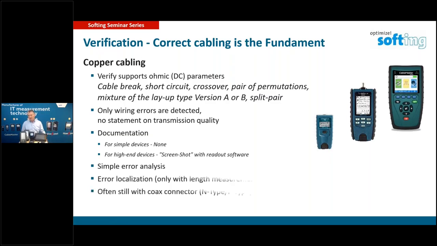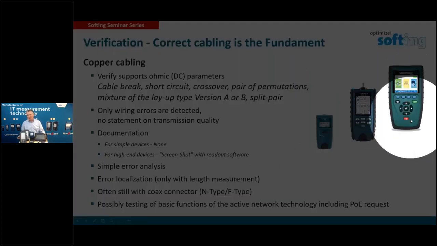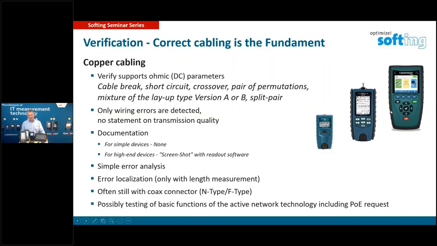All this Cable Master series can definitely detect wiring errors. A kind of documentation, not a real documentation, is possible with the Cable Master 600 or 800. It can do a simple error analysis.